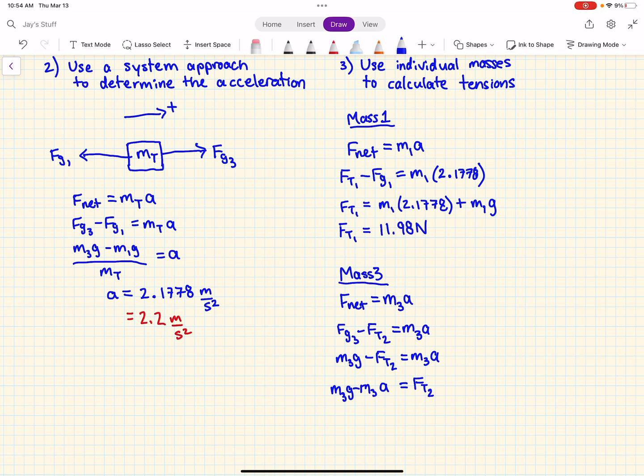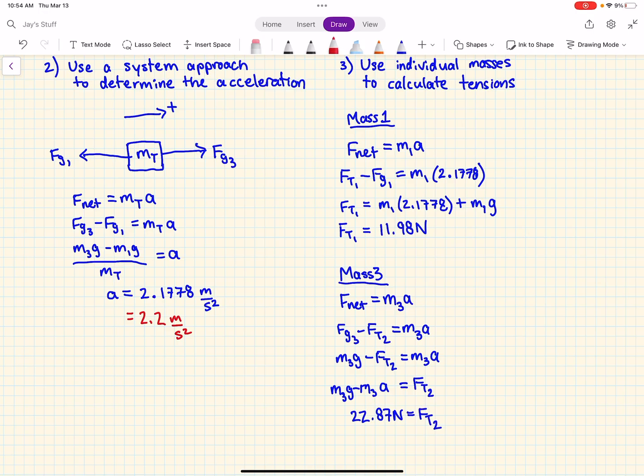Now we know the acceleration is 2.1778 from before. We're going to use the long answer, not the rounded answer of 2.2. And we know all the other values, so we can just plug everything in and calculate it. And we will get 22.87 newtons equals Ft2.